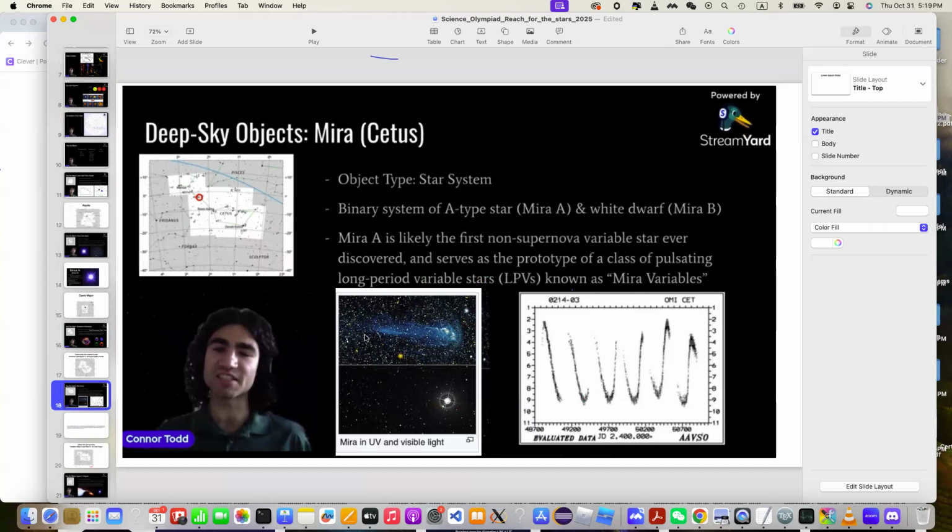So what makes Mira important is that it is variable. You can look at the light curves that it shows here. You can see that it is very variable and periodic, and the magnitude can change by 6, which is very significant.